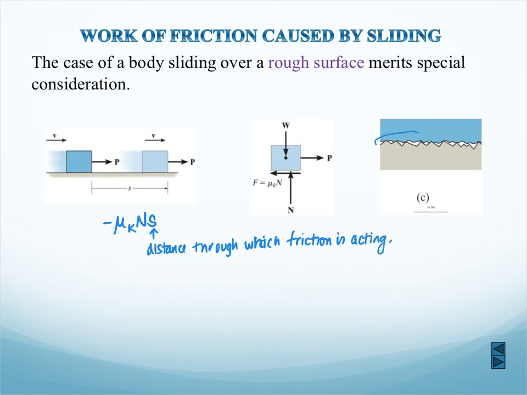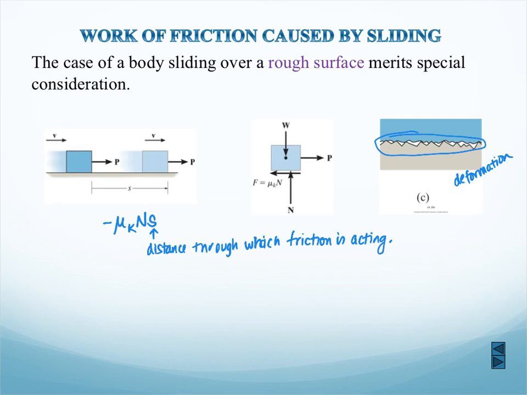Here's a model of the two surfaces interacting, and that's what's causing friction. It is possible that at these interfaces there is going to be deformation. As those two surfaces rub up against each other, there's deformation and things break off, and that's part of the reason that the friction is present.